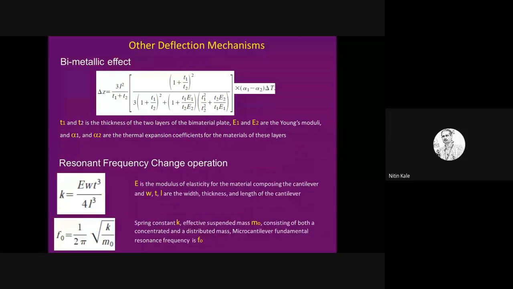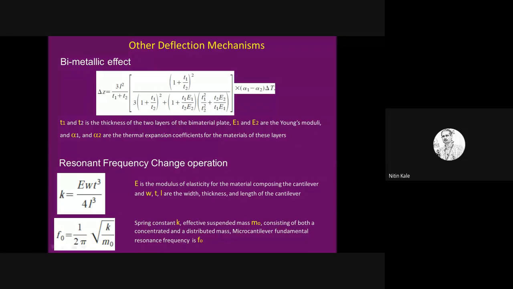The equations for the bimetallic effect are also simple. In this equation, this is the deflection. You ignore everything else that is given here. This is TCE of material 1, TCE of material 2. If these are different, if there is a change in temperature, there will be a delta Z. So that's how you can find out the change in temperature.